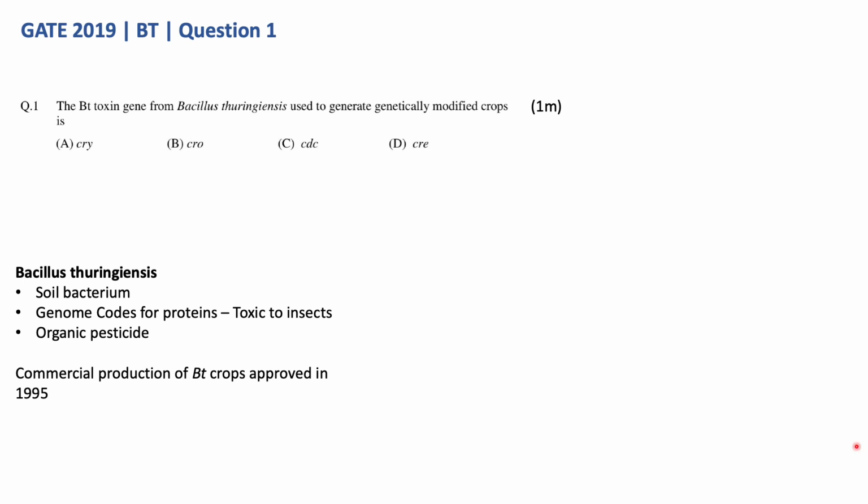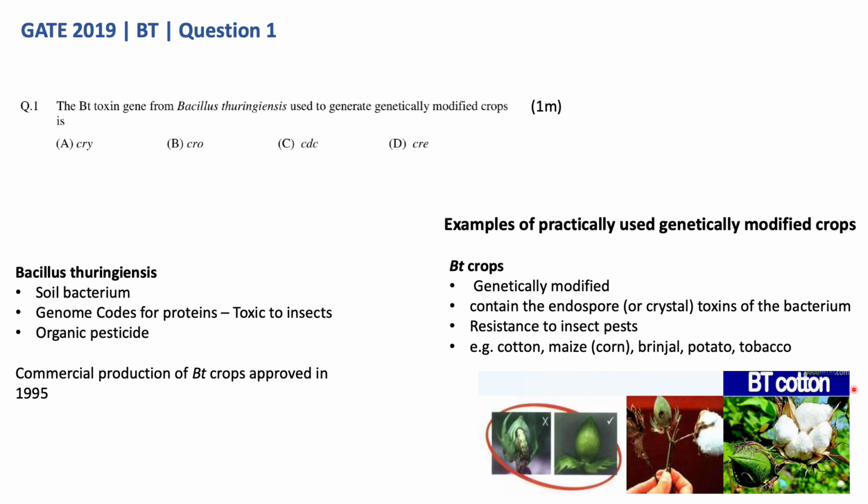susceptible to Bt. So Bacillus thuringiensis (Bt) crops are plants that are genetically engineered or modified to contain the endospore or crystal toxins of the bacterium Bt to be resistant to certain insect pests. So in 1995, the Environmental Protection Agency (EPA) in the US approved the commercial production and distribution of the Bt crops.